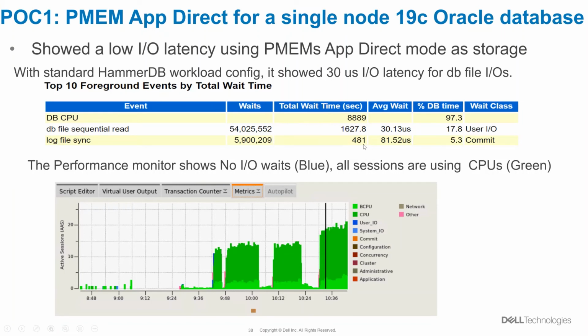So we were able to cut the sequential read wait time from almost 5 milliseconds to 30 microseconds. 5 milliseconds is about 5,000 microseconds, so from about 4,850 microseconds to 30 microseconds.